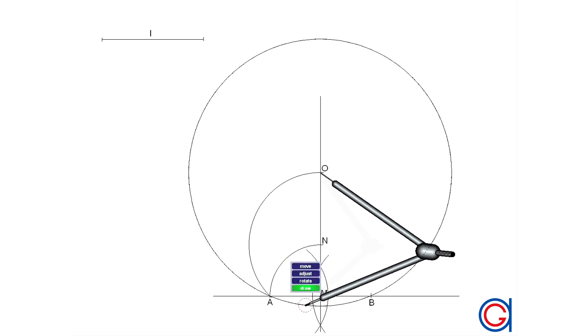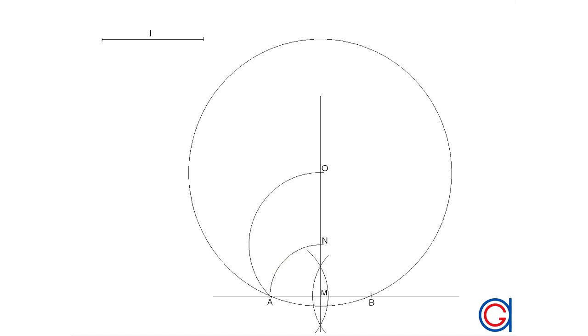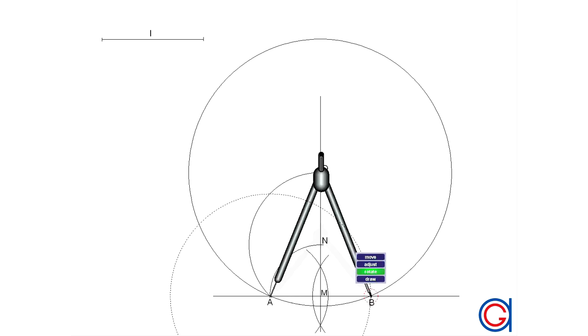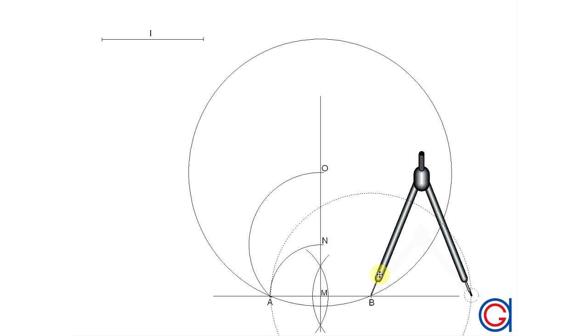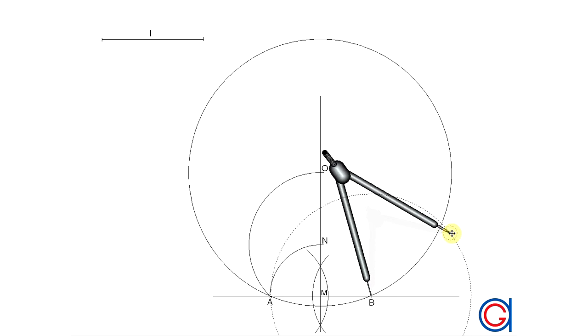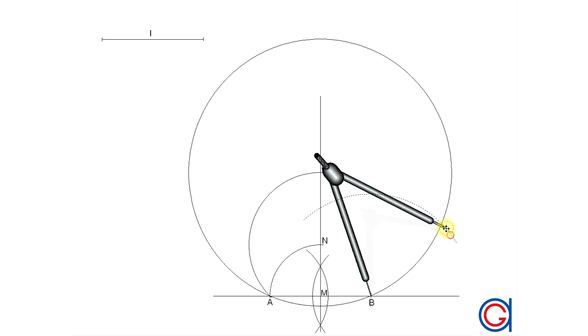We are close to finishing the exercise. The last step we need to do is set our compass to the length L or side AB and scribe 7 arcs onto our previously drawn circumference, as can be seen here in the video. So here we scribe our first arc.